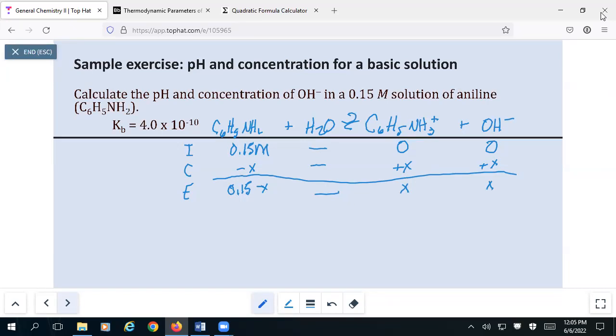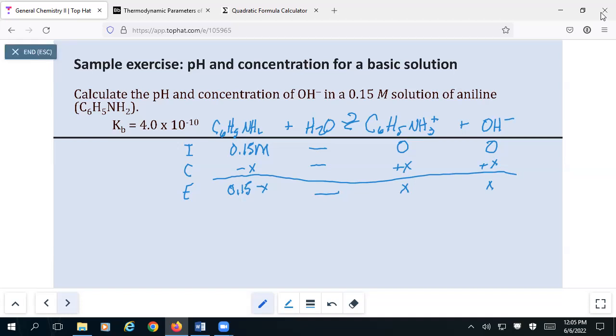Setting up our equilibrium expression. Here is a prime example of the 5% rule in action. Our concentration 0.15 is leaps and bounds ahead of the Kb value on the order of 10 to the negative 10th.